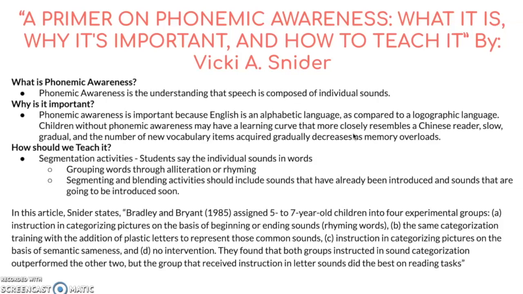C, instruction in categorizing pictures on the basis of semantic sameness. And D, no intervention. They found that both groups instructed in sound categorization outperformed the other 2, but the group that received instruction in letter sounds did the best on reading tasks.